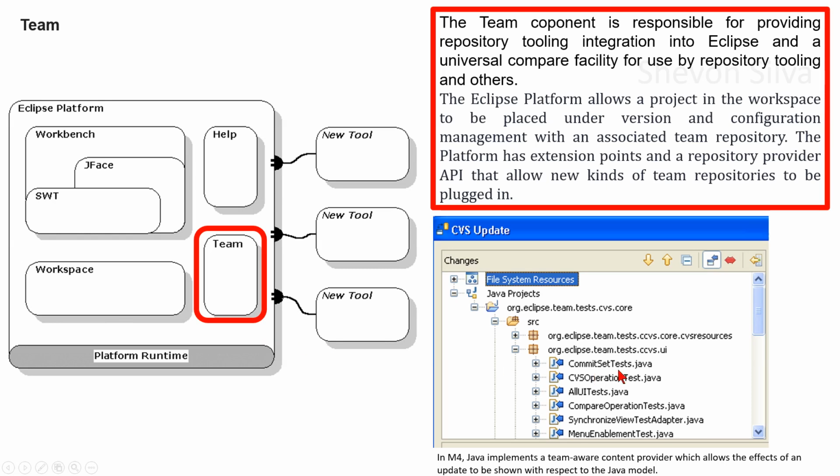Here you can see, in M4, Java implements a team-aware content provider which allows the effects of an update to be shown with respect to the Java model.